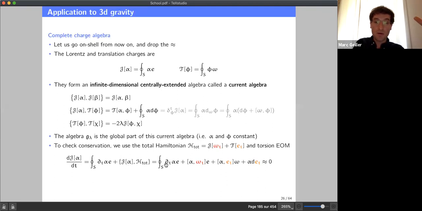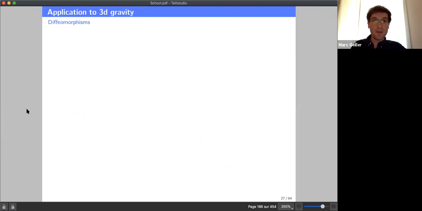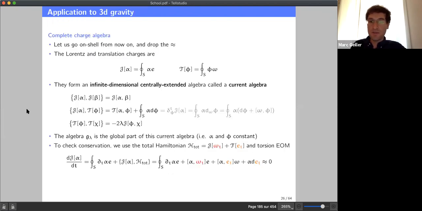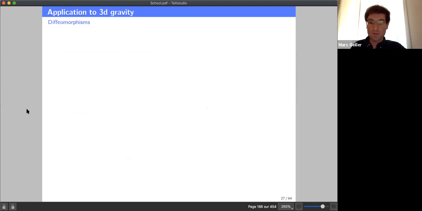Now, if you use the brackets above, you will find the last equality here, that this reduces to this surface integral. And essentially, staring a bit at this, we can convince ourselves that this is the T phi component of the torsion equation of motion. So because of this, on shell, we get that this Lorentz charge is conserved. And again, in the case of diffeomorphisms, in a minute, we will see examples of these conserved charges and explicitly check the conservation of the charges which we compute.